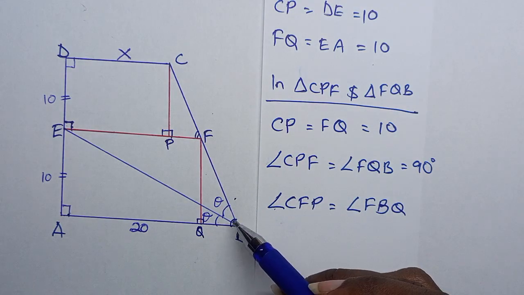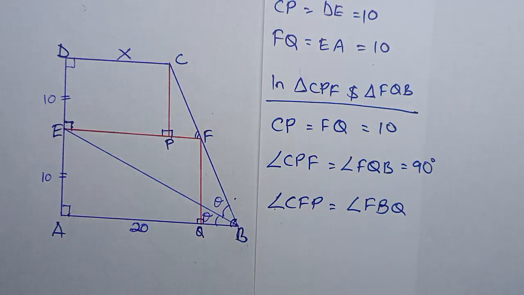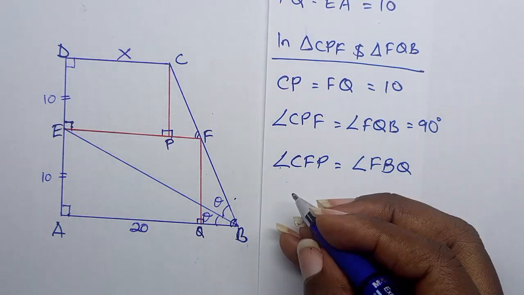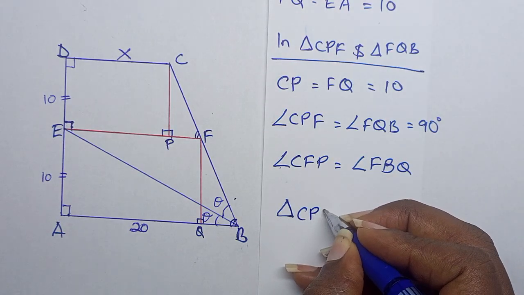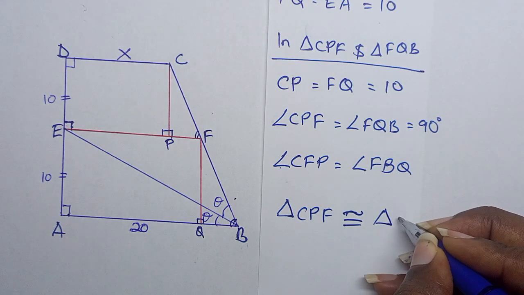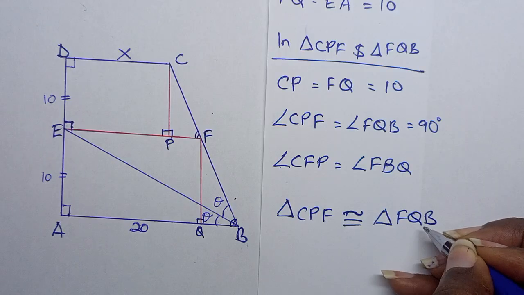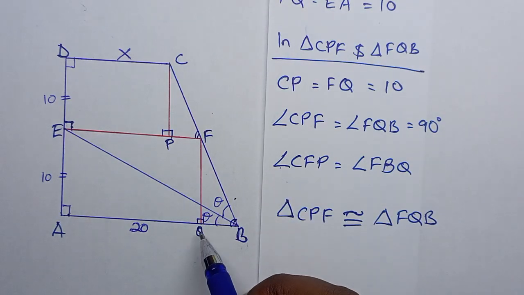Since the angles are the same in these two triangles and the side lengths are the same, we can conclude that triangle CPF is congruent to triangle FQB. Also, PF is equal to QB.